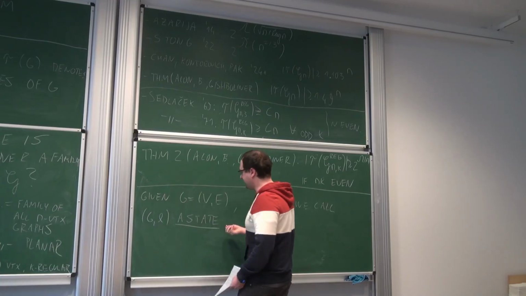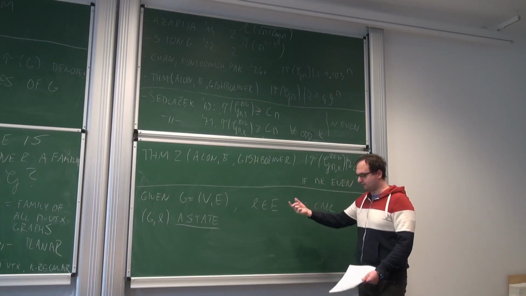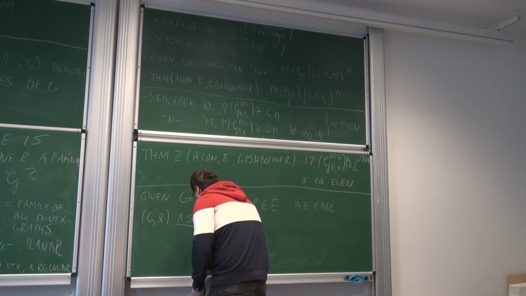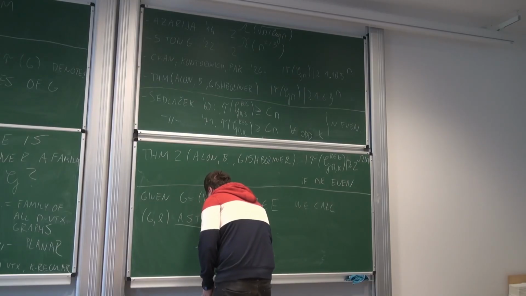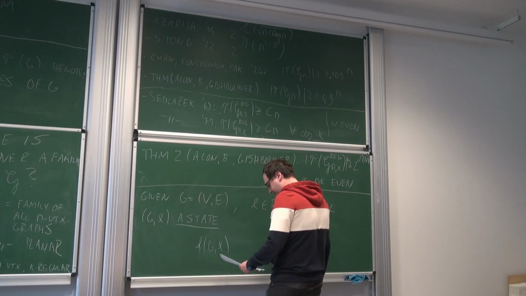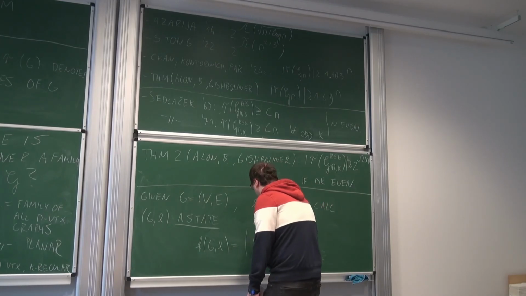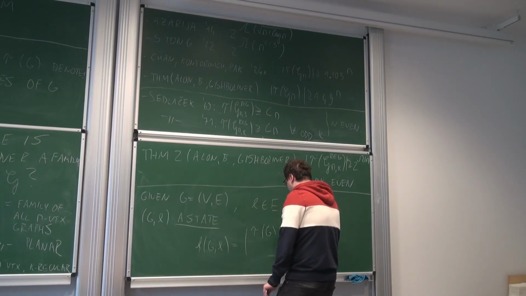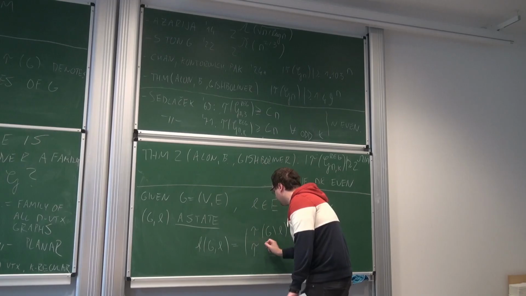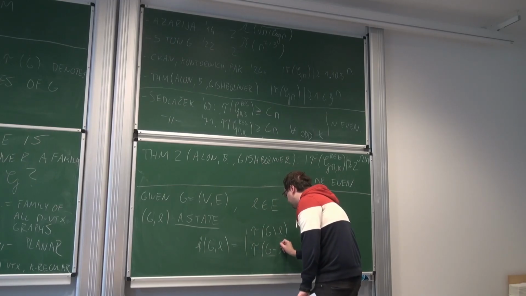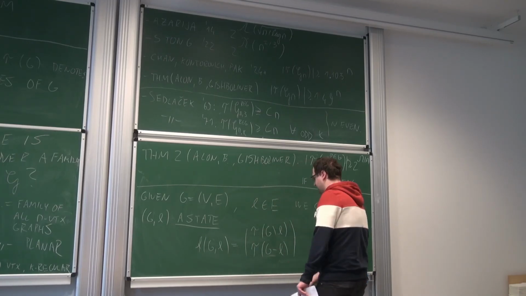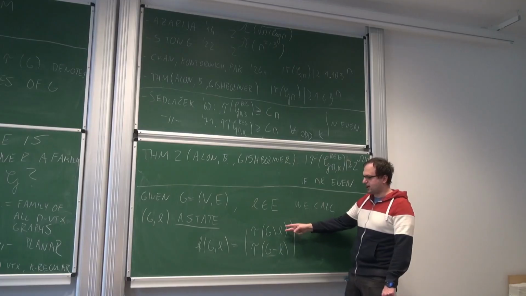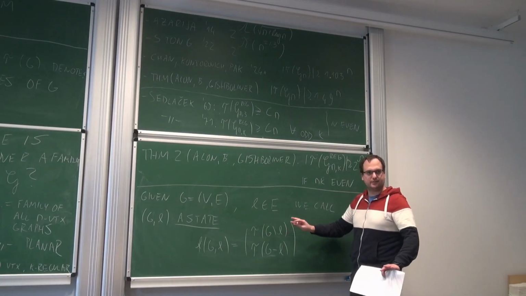So really at any point I want to have a graph with a marked edge inside of it. And what I want to keep track of is the following function of the state. So if you have a graph and an edge, I want to know how many spanning trees there are in the graph G that use this edge E, and how many spanning trees there are in this graph G which don't use edge E. So I wrote it here in this form where we are contracting along the edge E, but it will never really matter.